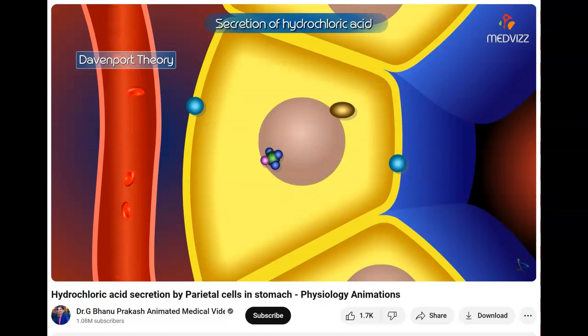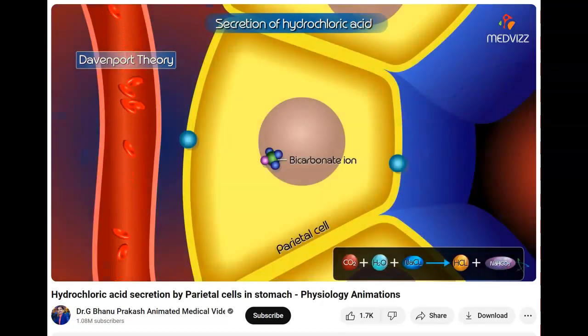Carbonic acid is a very unstable compound and splits into hydrogen ion and bicarbonate ion. The hydrogen ion is actively pumped into the canaliculi of the parietal cell. At the same time, chloride ion is also pumped into the canaliculus actively. The hydrogen ion combines with the chloride ion, which is derived from the sodium chloride in the blood, to form hydrochloric acid.